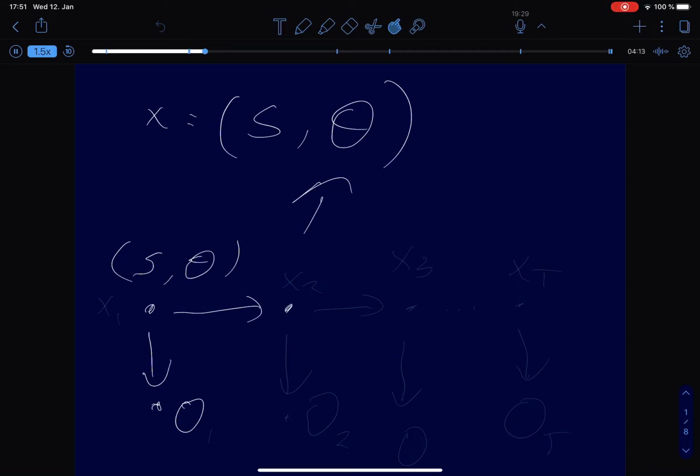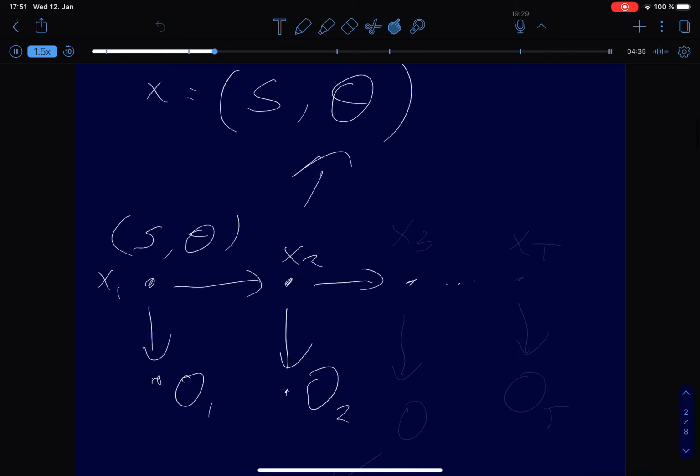So this is the standard picture for a partially observable Markov process, where you have these observations and these underlying states. And we don't really get any information about the electric field until we cross into this region where the electric field is present.